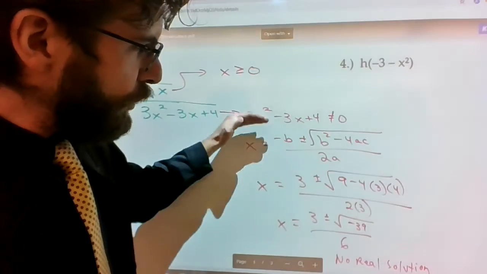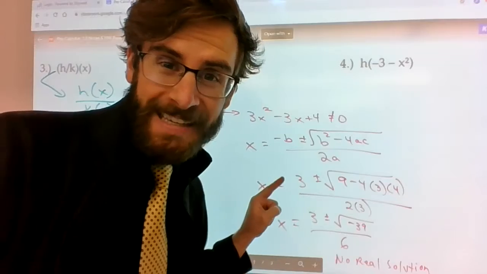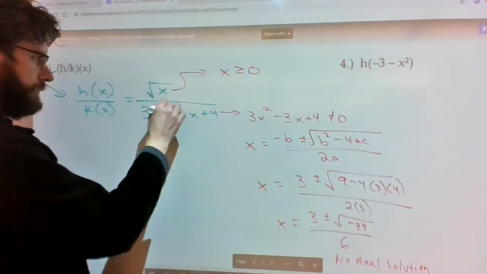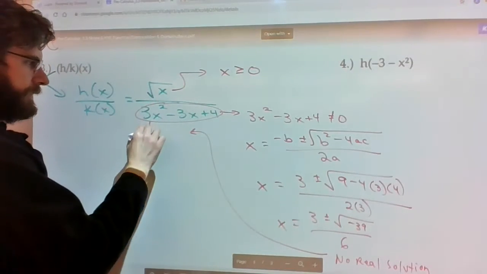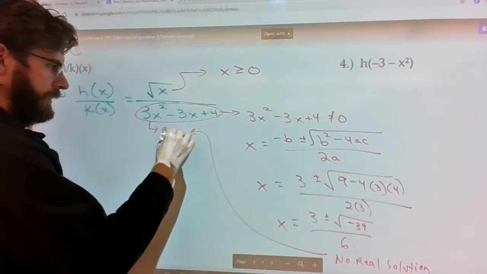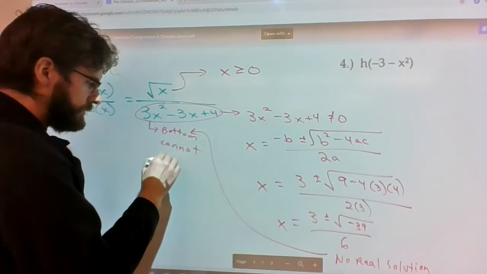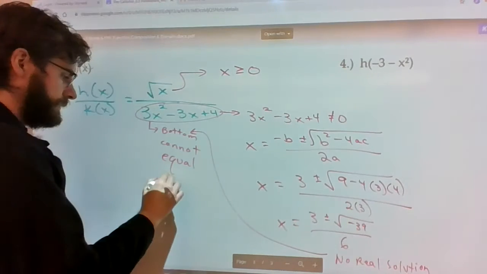So if there's no real solution to the bottom equaling 0, that means the bottom can't ever equal 0. So because of this, the bottom cannot equal 0, at least with real values.